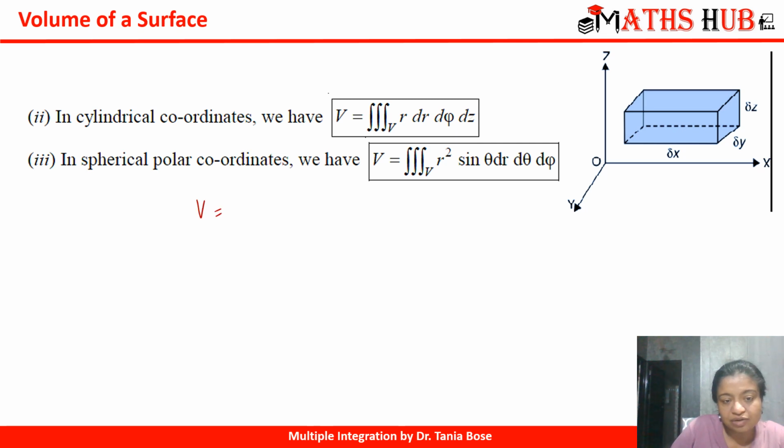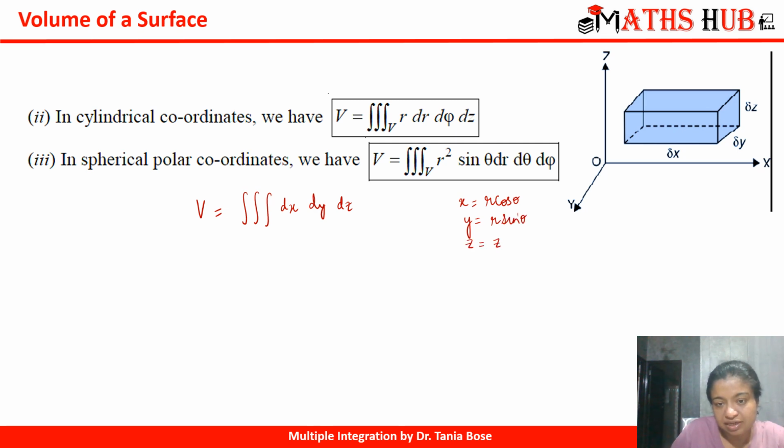Since volume is equal to the triple integral of dx, dy, dz, what will happen when we are using cylindrical coordinates? We know that x is equal to r cos theta, y is equal to r sine theta, and z is equal to z. Since I'm writing phi here, I'll use the angle as phi.